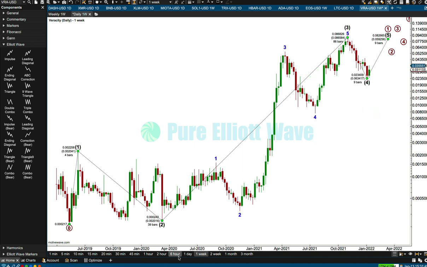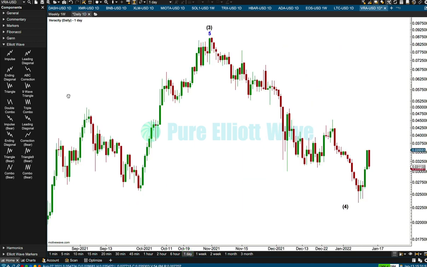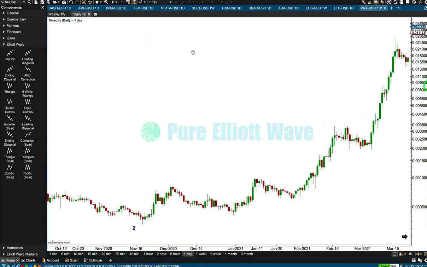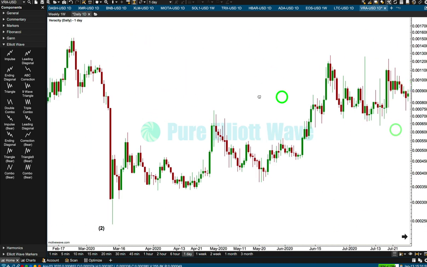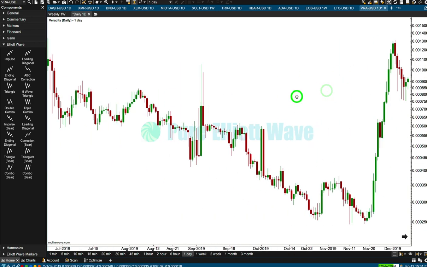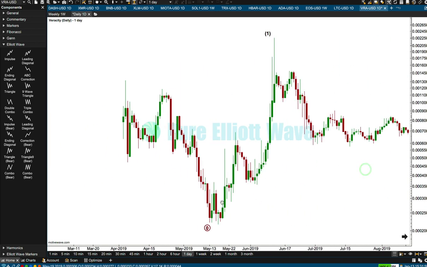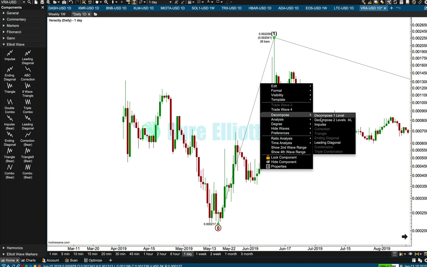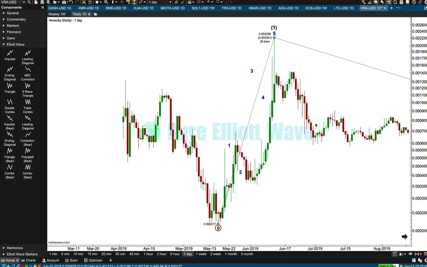Okay, now we can go down to daily and look at some detail. Okay, first things first, let's check back here. Now the volume may not have been sufficient all the way back here within intermediate wave 1 for this to exhibit good looking Fibonacci structures. It's the later movements I'm really looking at.